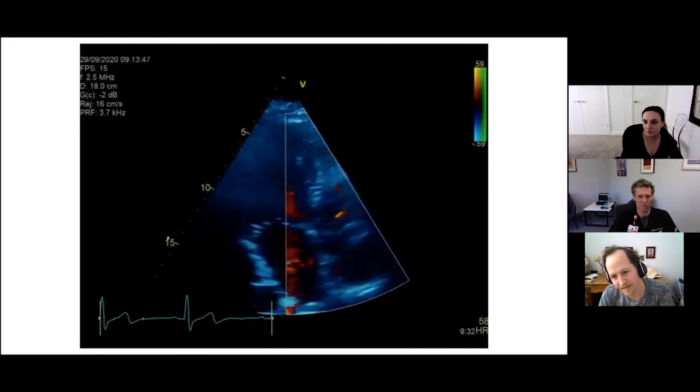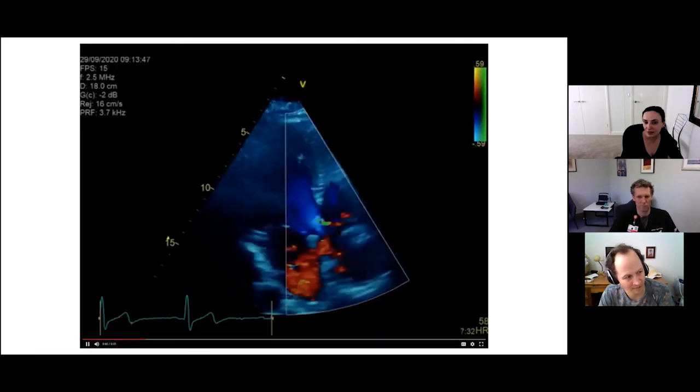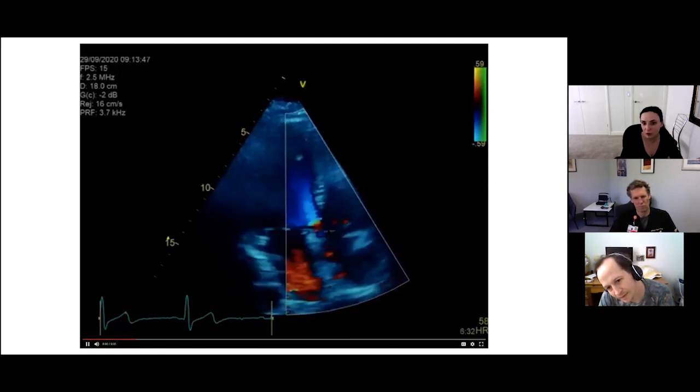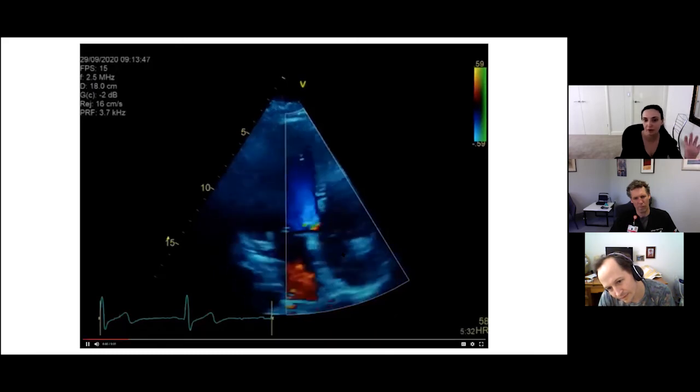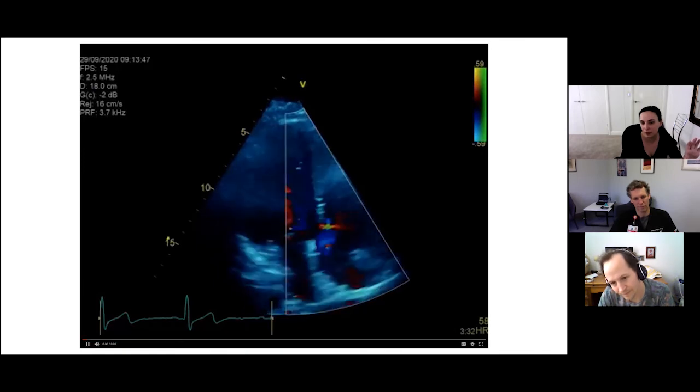So it's coming from the aortic outlet, but because it's all named based on the RV. So this is going from the left atrium, left ventricle, right ventricle, and we're in something between a 3-chamber and a 5-chamber, and it's just below what should be the aortic valve, right?